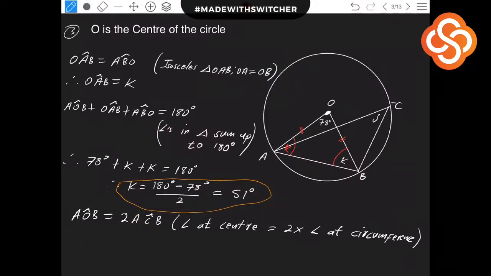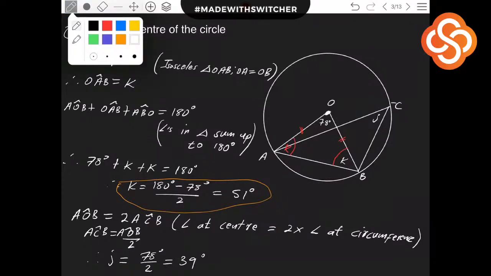Therefore, I'm going to make ACB the subject of the formula. ACB is going to be equal to AOB over 2. We know that ACB is J, and AOB is given to us as 78 degrees, divided by 2. 78 divided by 2 gives us 39 degrees.